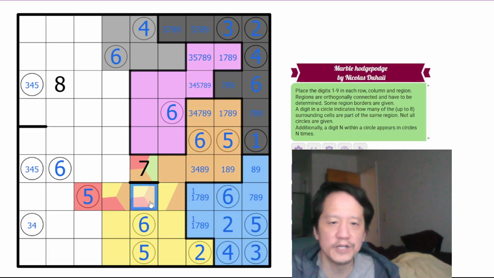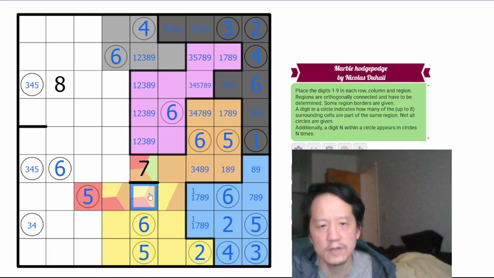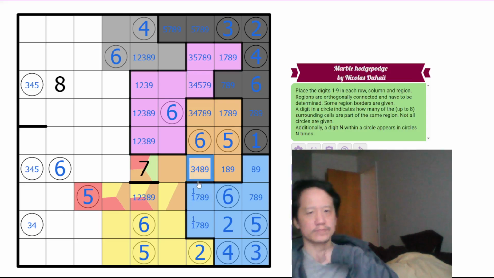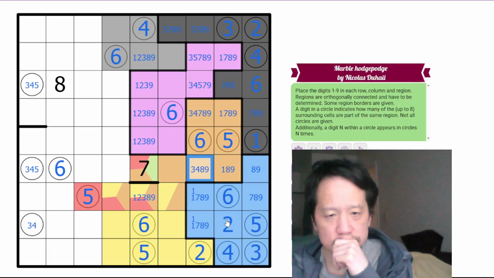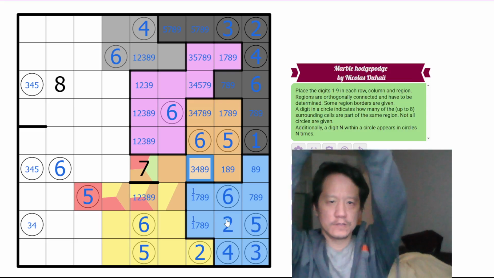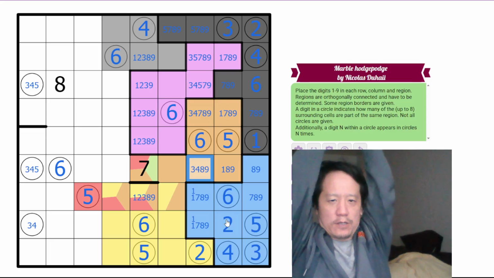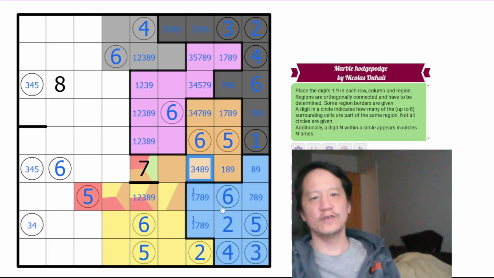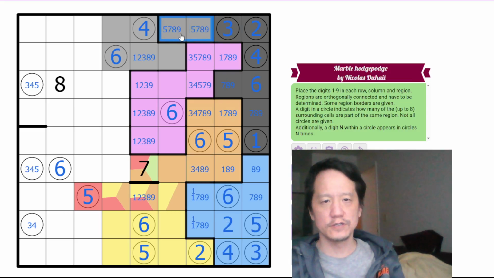The remaining digits in column 5 are 1, 2, 3, 8, and 9. This can't be 8. This can't be 8 because of this 8. 5 has to be one of these two digits here.